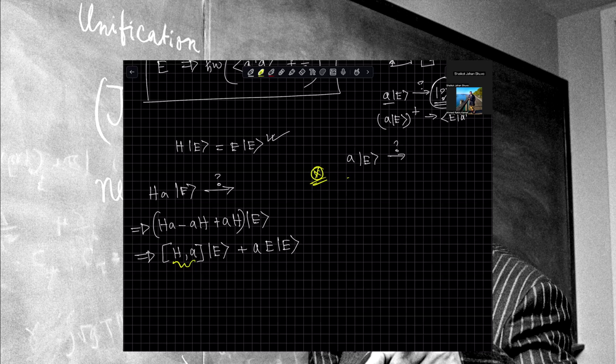Okay, so we want to compute the commutator like this. This is an exercise. You should do it, and this should give you, let's see, just A, right? There was not a minus sign.